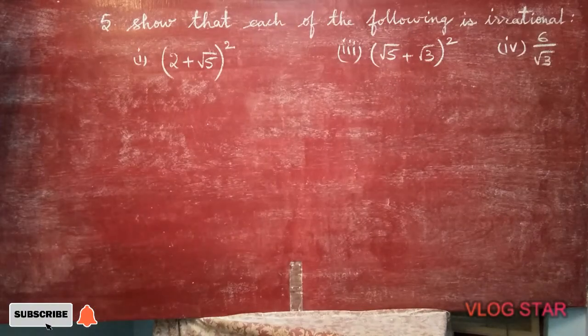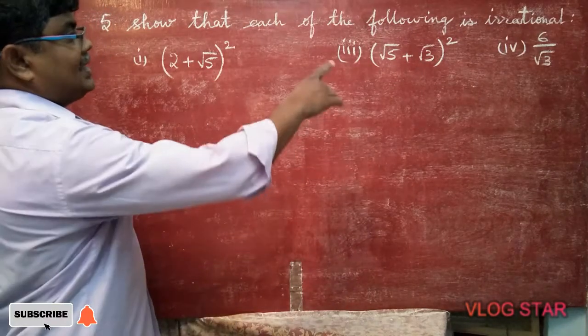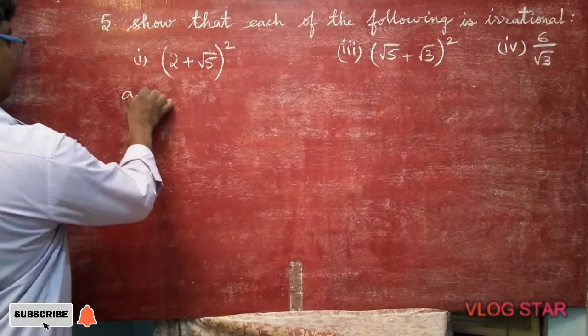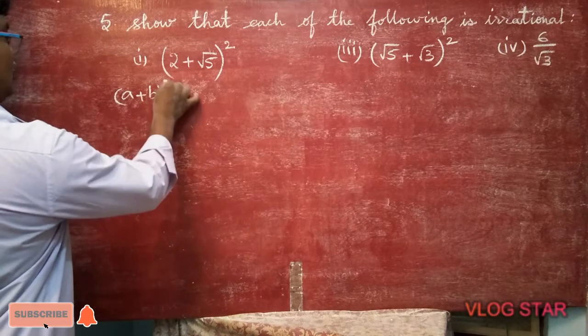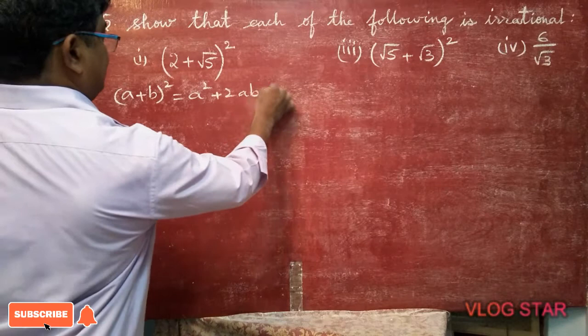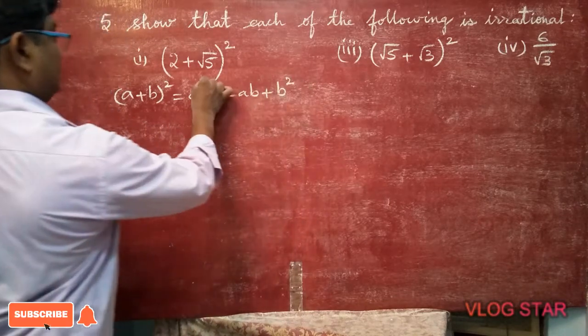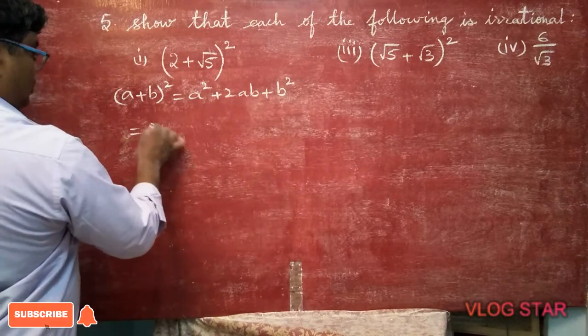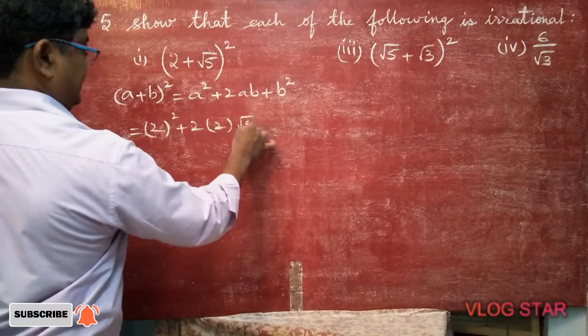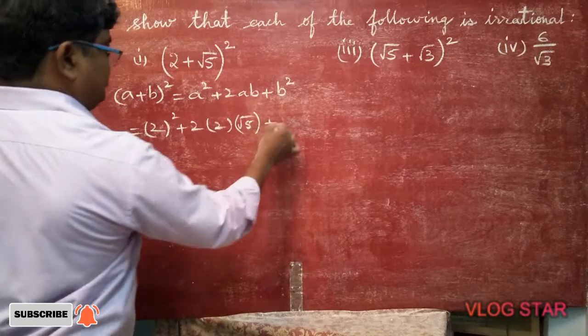Fifth problem. Show that each of the following is irrational. It is in the form of (a plus b) whole square, a square plus 2ab plus b square. Now 2 square plus 2ab plus b square.